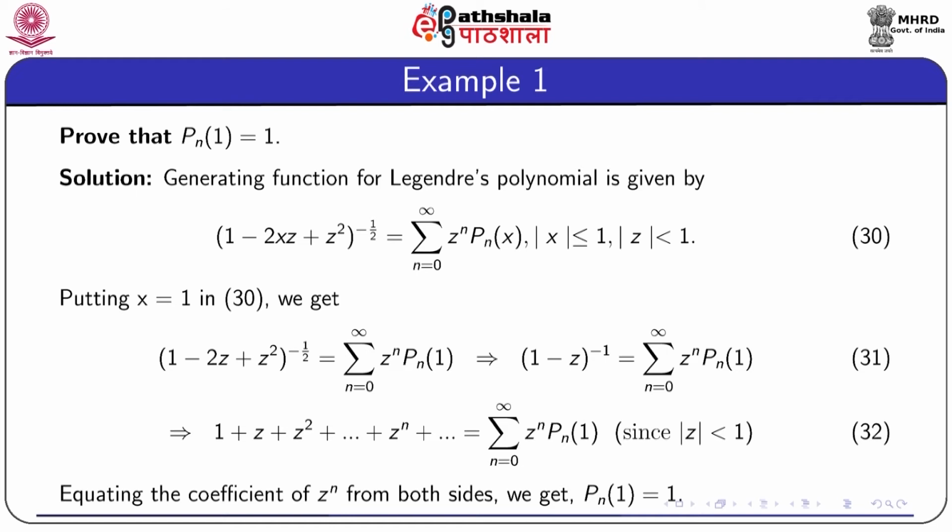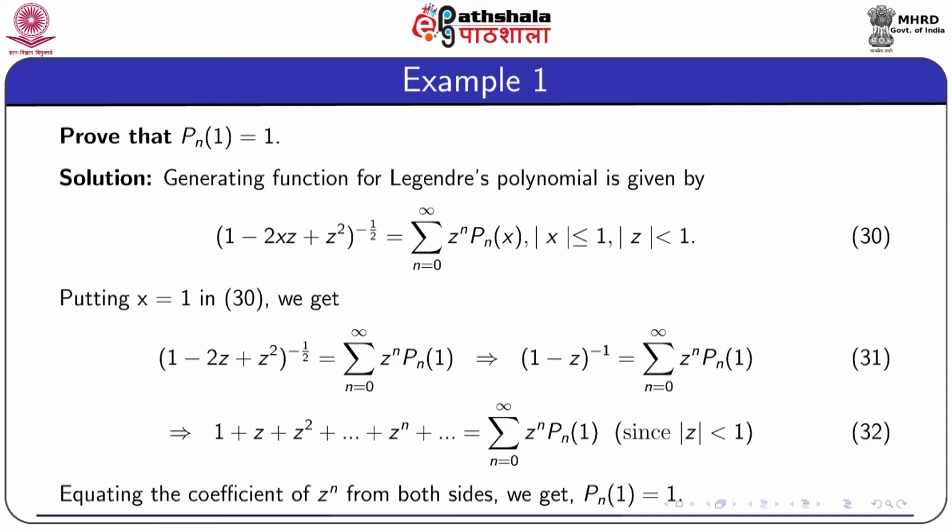Now, you put x equal to 1 in the expression of 31, and if you do that, we will be getting (1 - 2z + z^2)^(-1/2) on the left hand side of 31, and on the right hand side you will be getting summation n equal to 0 to infinity z^n P_n(1), which is given in equation number 32.